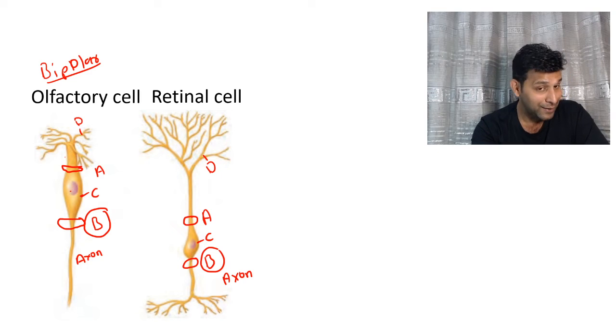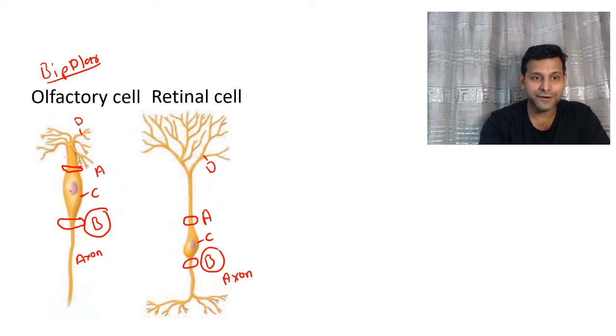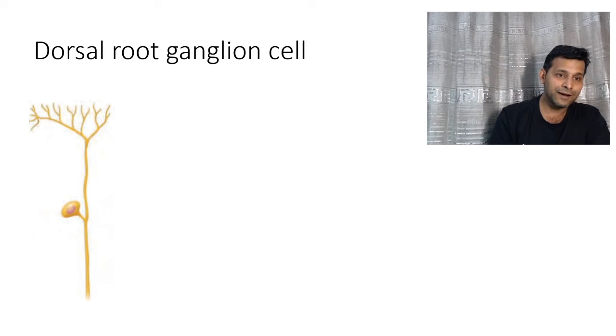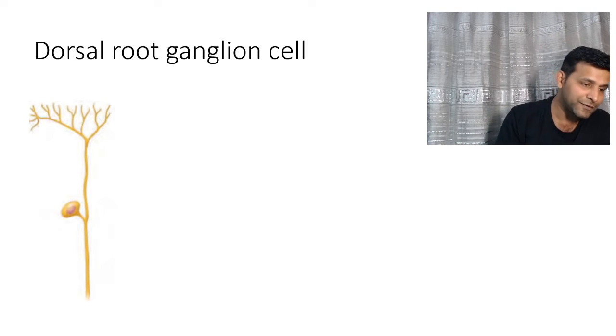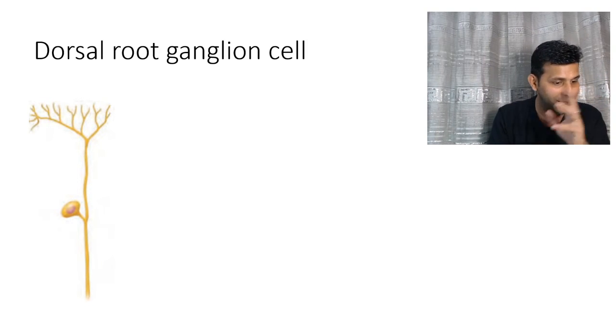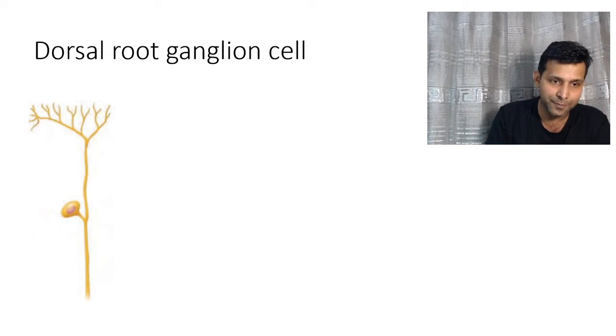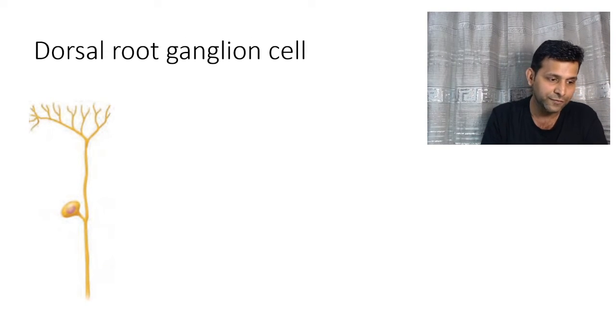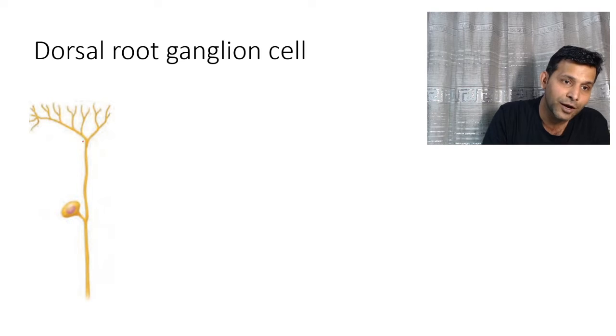Now the next slide is going to be quite tough in a sense. I want you to guess where we are going to have first action potential, because all of you answered it right till now. B, the axon hillock, is the area where we are going to have first action potential. Now in the following slide, it's a pseudo unipolar neuron. It's a unipolar, but to be more precise, it's a pseudo unipolar neuron.